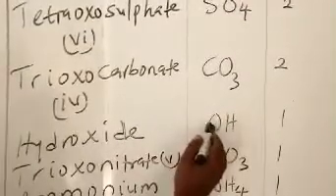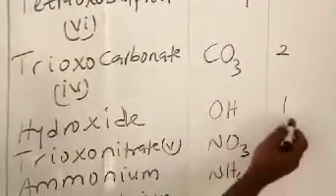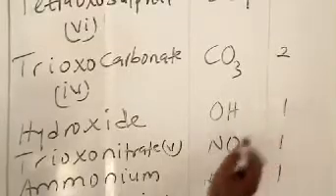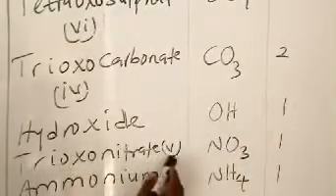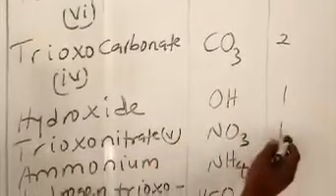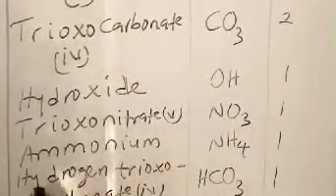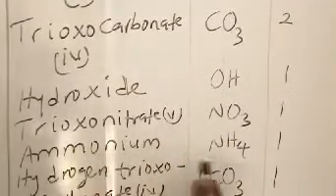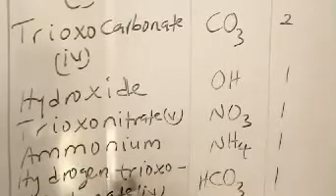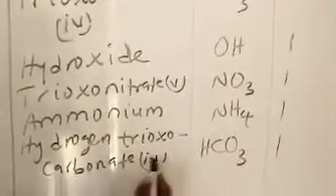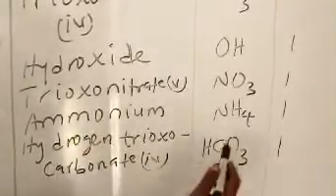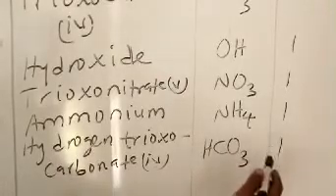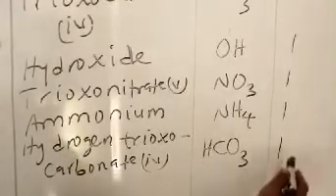Hydroxide, the formula is OH, and the valency is 1. Trioxonitrate 5, NO3, the valency is 1. Ammonium, NH4, the valency is 1. Hydrogen trioxocarbonate 4, HCO3, the valency is 1.